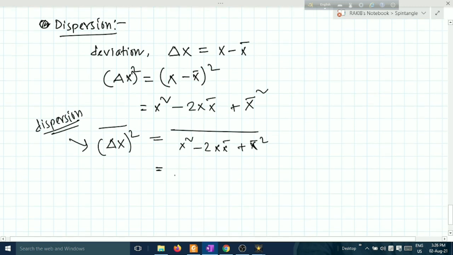This is called dispersion. Dispersion will be x squared minus 2x x bar plus x bar squared, and then we take the average, dividing among all participants.